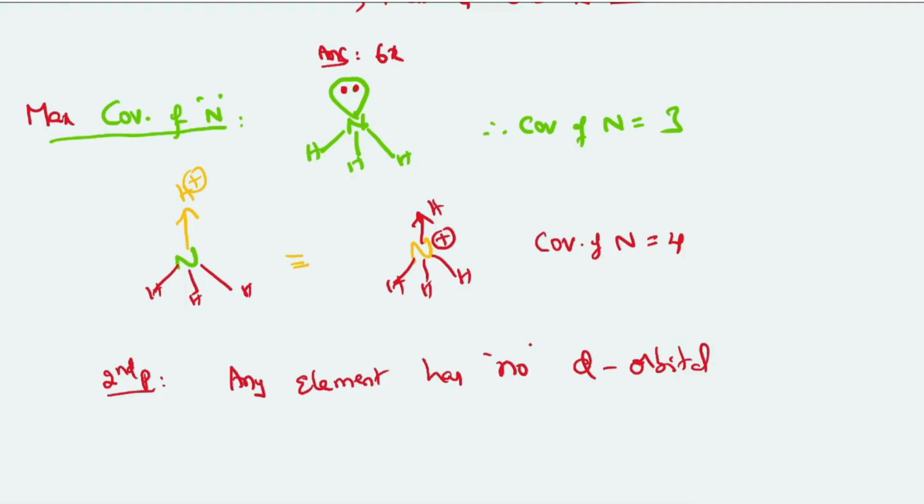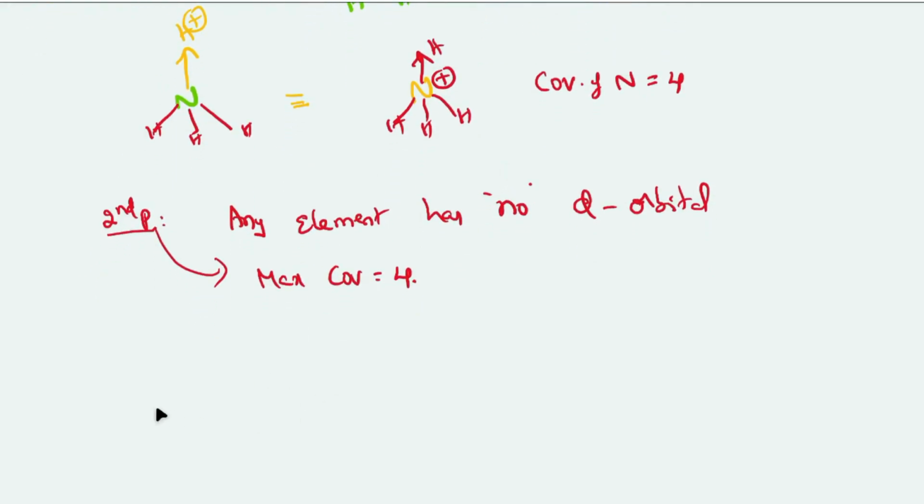So therefore there is no excitation possible. That's why second period elements' maximum covalency is 4 only. That's why in NH4 plus the covalency of nitrogen is 4.